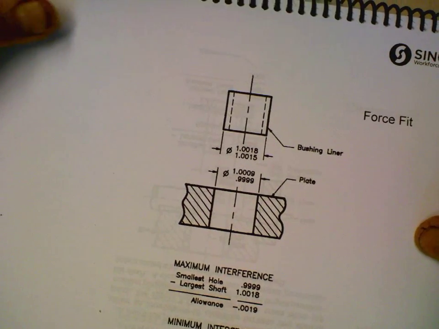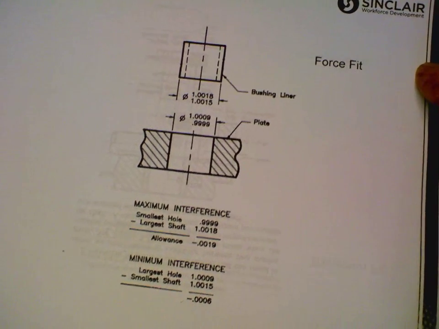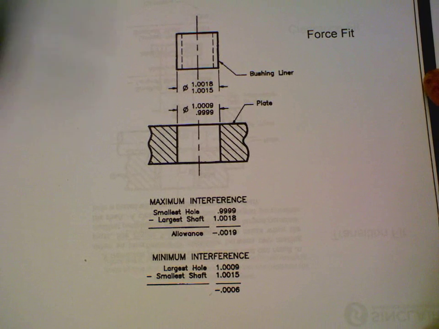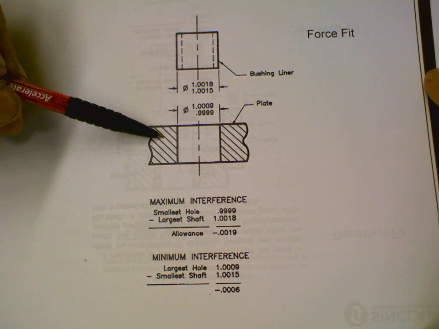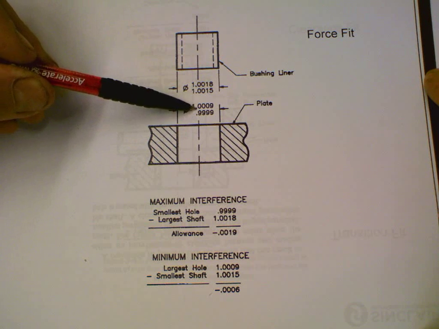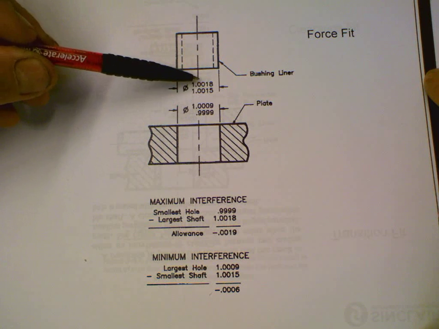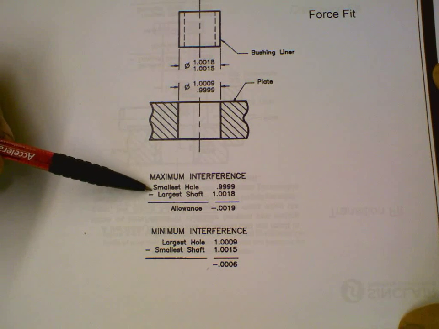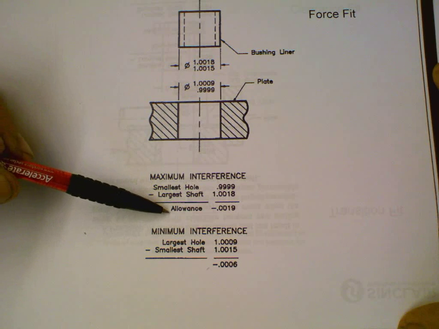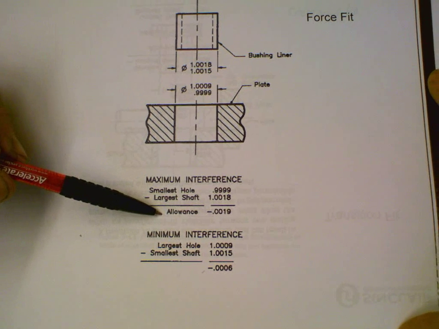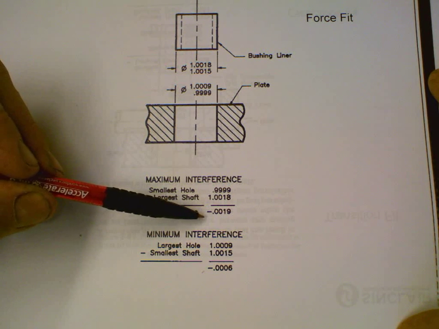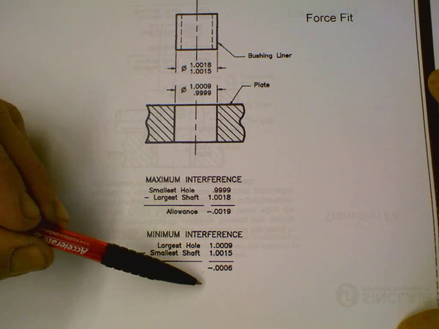So, here's a force fit, and they kind of step you through it. You have a tool plate, and it has a range, a size, and then it has a bushing that's going to be press fit into there. So they go over the MMC, LMC condition. The allowance, which is a press fit, is a negative allowance. It's almost 2/1000ths press, 0.0019, and the least amount of interference is 0.6.